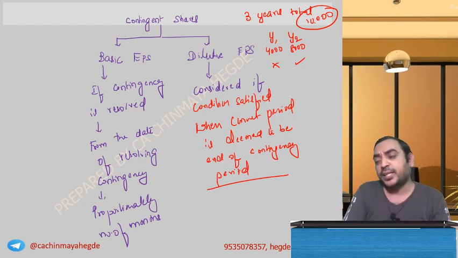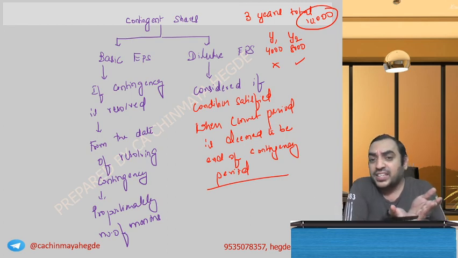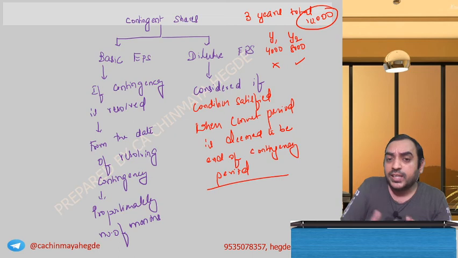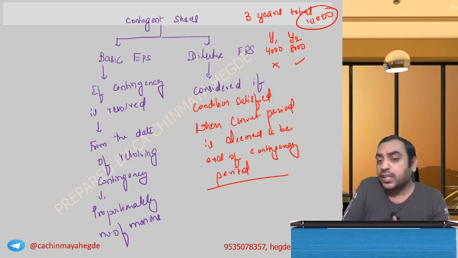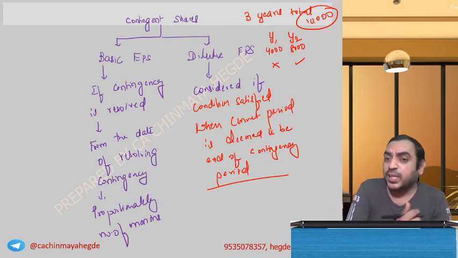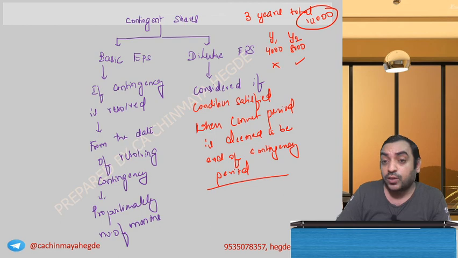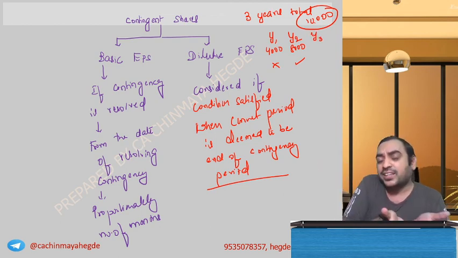One doubt you may have, sir: if you cross 10,000 in the second year, don't you think I will take it to basic EPS itself? Because I've crossed 10,000, that means the contingency is resolved. Why will you take it into diluted EPS? Contingency is not resolved. Year 3 is still pending.